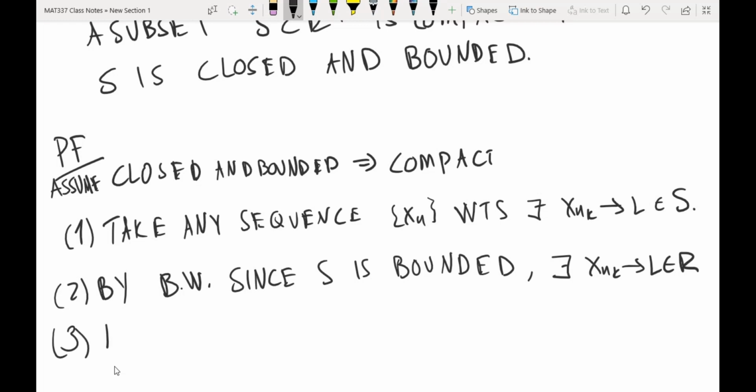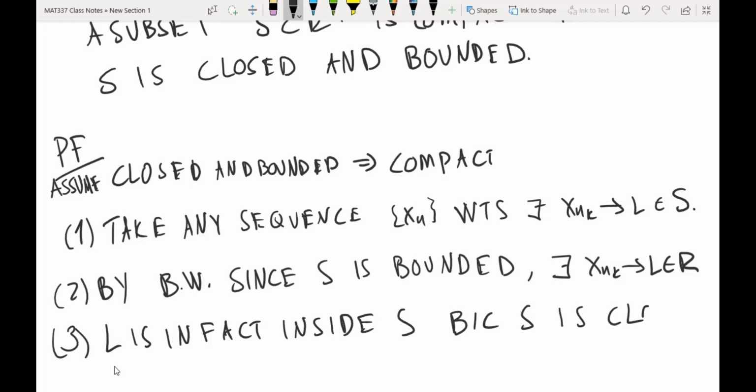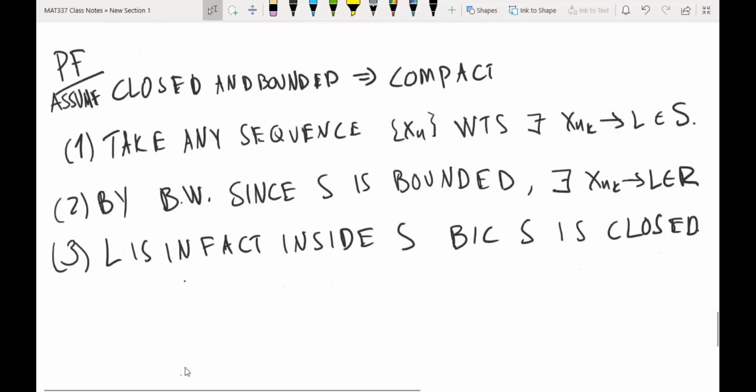Step three, L is in fact inside S because S is closed. So you don't have to keep proving this. If you see a set that's closed and bounded, you immediately get compact. We did these three steps for the examples over and over again, so you don't have to do this. You can just call the theorem Heine-Borel and you're done in one line.